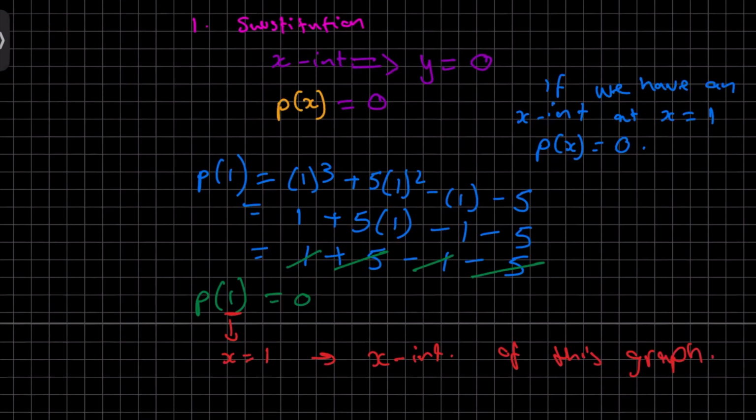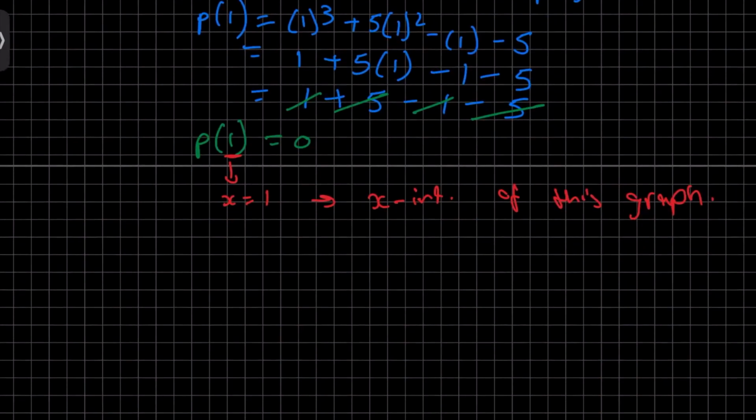Now, in the last video, we walked through the null factor law. The null factor law allows us to separate each of the multiples of our cubic graphs into separate equations.